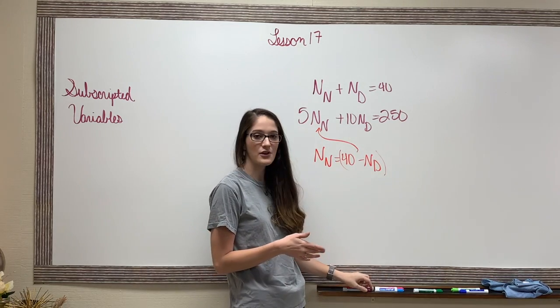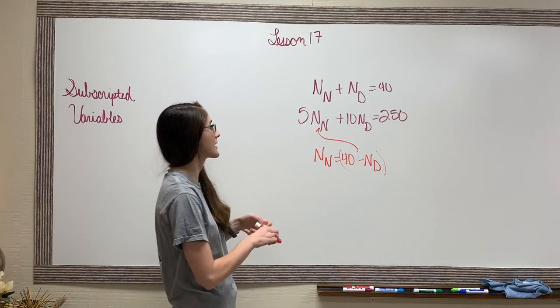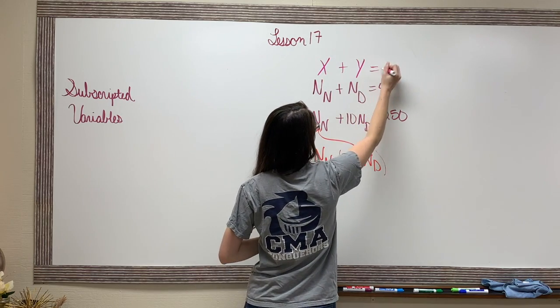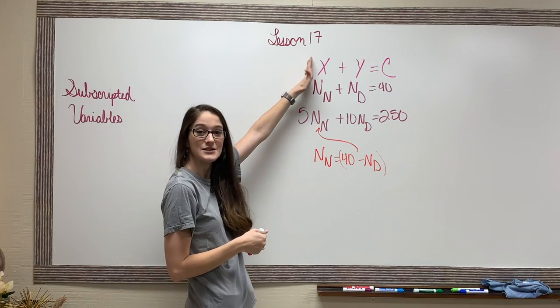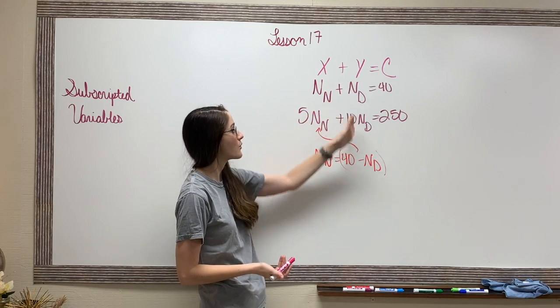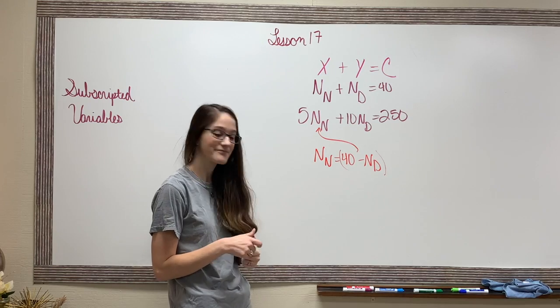So the way that we figure out what to write is number of nickels is occupying our X spot, because with these equations, it's always X plus Y equals our constant. And so whatever it says for X equals, we know that that's actually going to be number of nickels. And whatever they say Y equals will be our number of dimes. And that's all you got to do there.